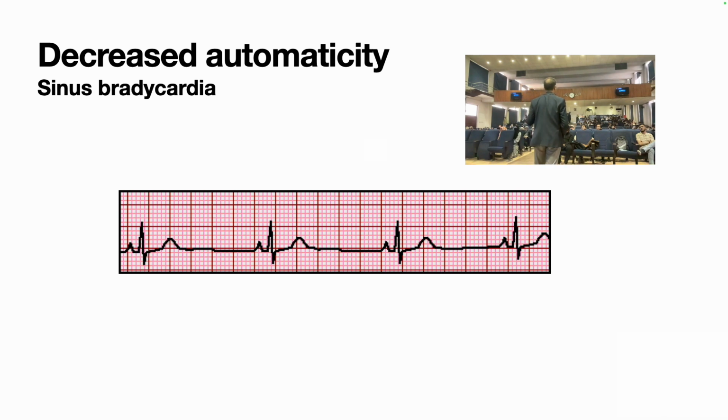Generally, they develop sick sinus syndrome, which we'll see in block 6. Hypothyroid patients, hypothermic patients, patients who've got beta blockers or other drugs which can slow down the heart rate. So it may also be during deep sleep.